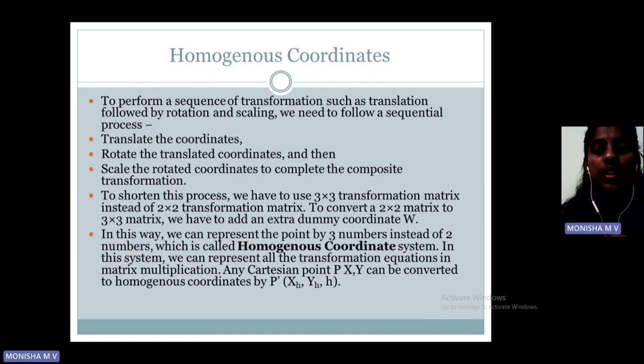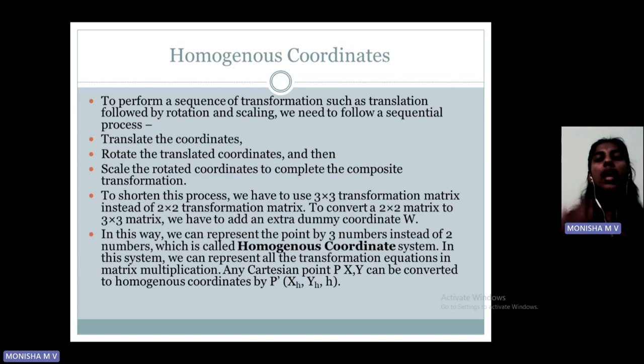In this system, we can represent all the transformation equations as matrix multiplications. Any Cartesian point P(x, y) can be converted into a homogeneous coordinate P'(xh, yh, h).